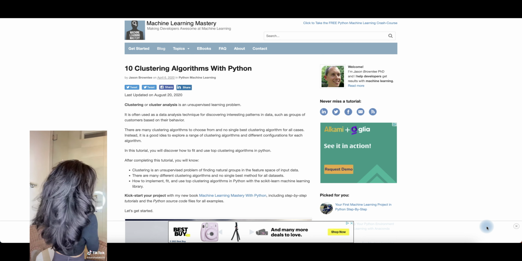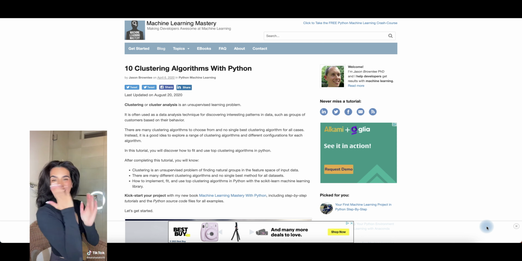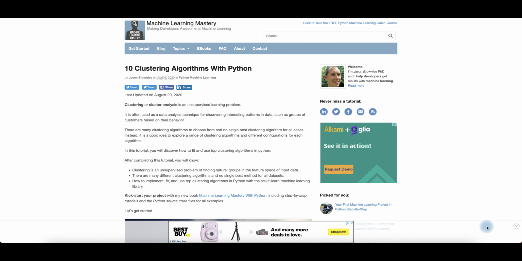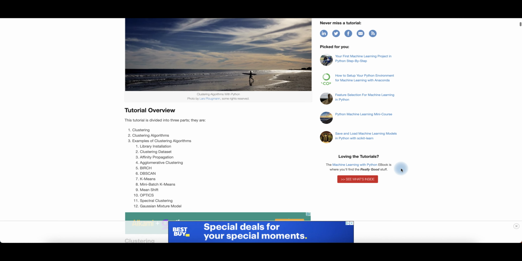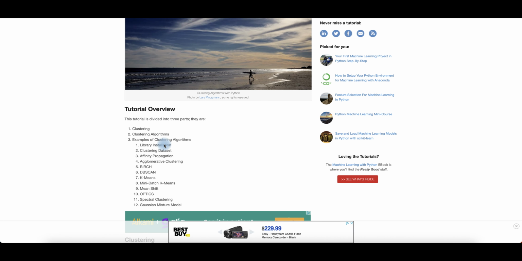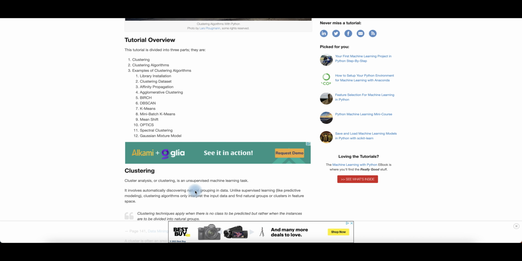But it is always best to experiment with a range of clustering algorithms and different configurations for each problem that is shown. They have some clustering algorithms that you see down below, which they talk about: library installation, clustering data sets, affinity propagation, agglomerative clustering, BIRCH, DBSCAN, k-means, mini-batch k-means, mean shift, OPTICS, spectral clustering, and Gaussian mixture models.